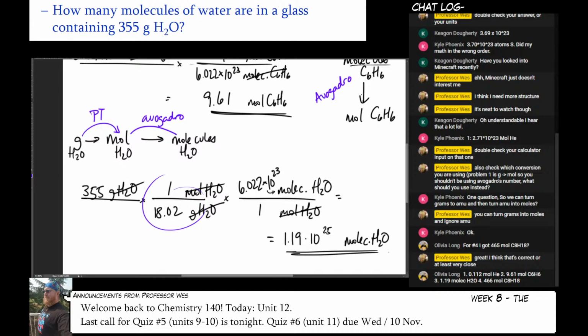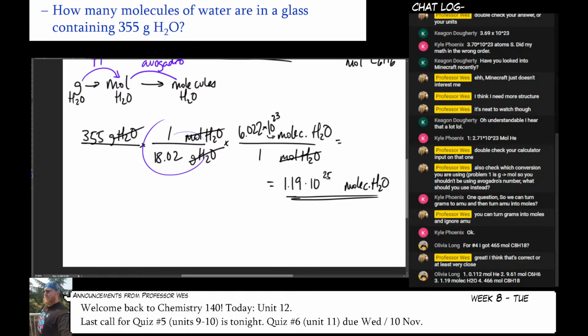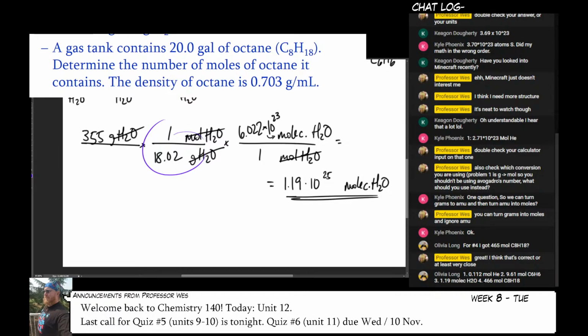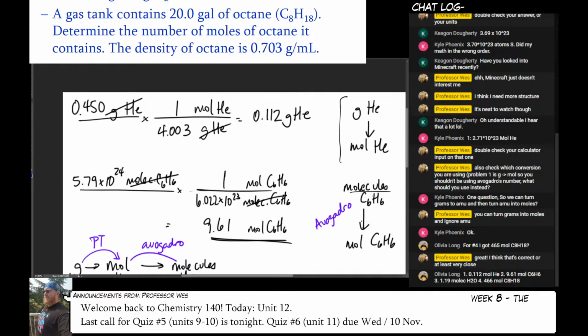So when you drink a glass of water, you're consuming about 10 to the 25 molecules of water. It's a lot of water. A lot of water molecules, anyway. I ran out of space, so you're going to have to pause the video if you still need that, because I'm going to have to clear everything and go back up to the top here.